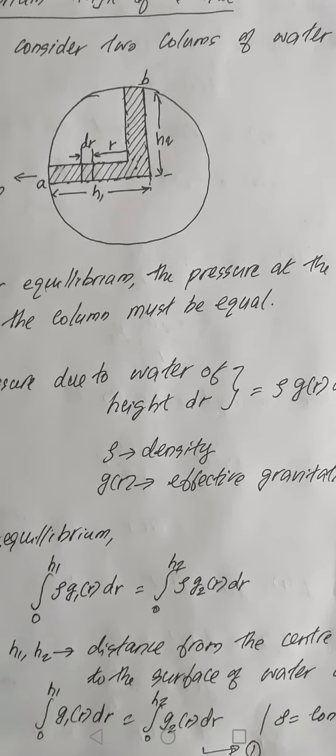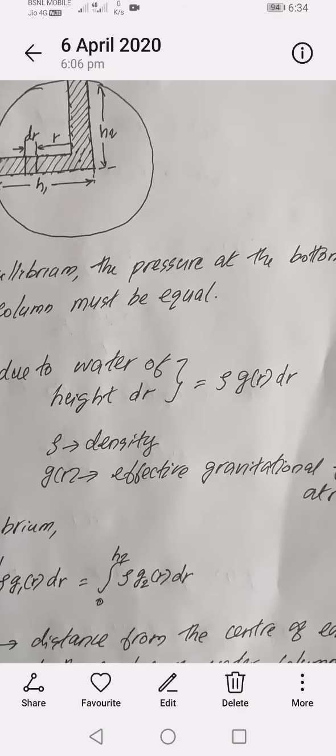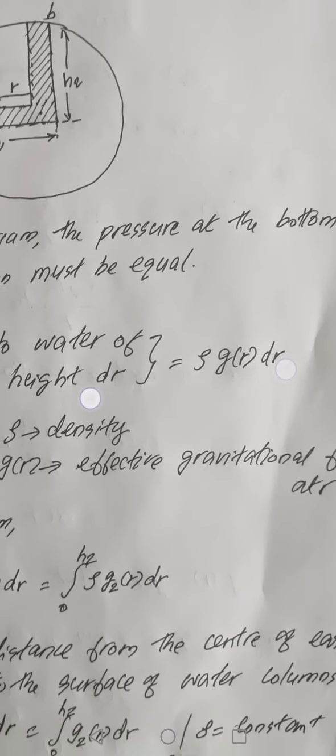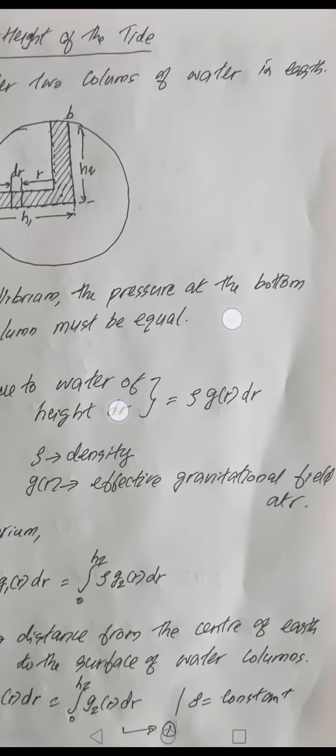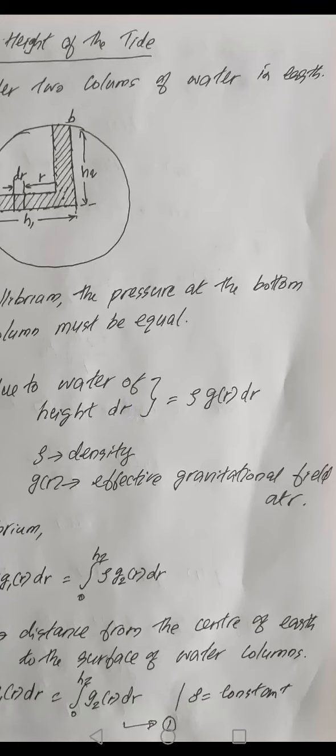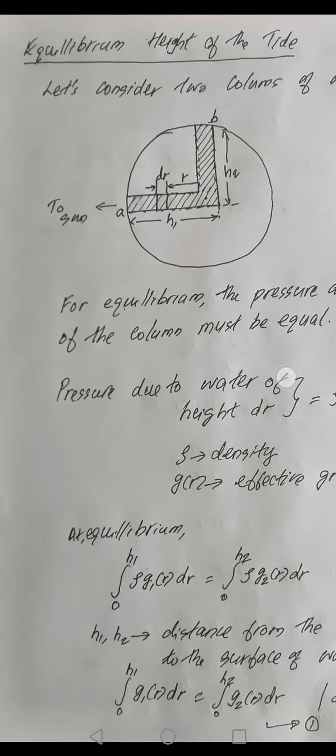Therefore the pressure, force per unit area, is rho into g of r into dr. Is it understandable? Rho is the density, g of r is the gravitational field, and dr is this thickness. So rho into dr gives the mass per unit area.